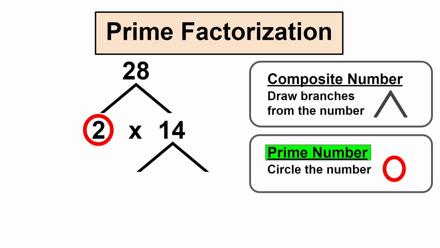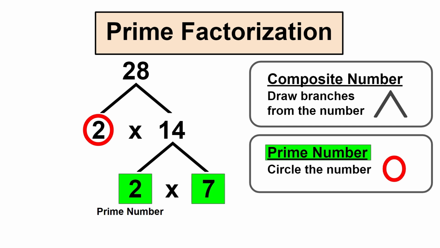Okay, let's continue breaking down the number 28 into prime factors. So next, what are 2 factors of 14 that can be multiplied to equal 14? Well, that will be 2 multiplied by 7. Now, we know that 2 is a prime number since 2 can only be divided by itself and 1. And we know that 7 is also a prime number since 7 can only be divided by itself and 1.